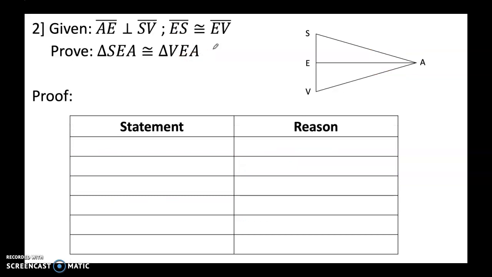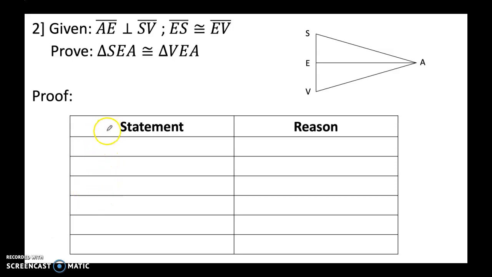Let's have another. So we are given segment AE is perpendicular to segment SB and segment ES is congruent to segment EB. Prove that triangle SEA is congruent to triangle BEA.